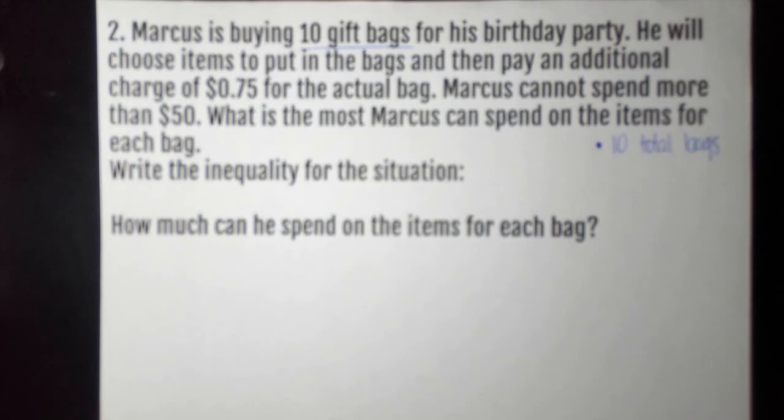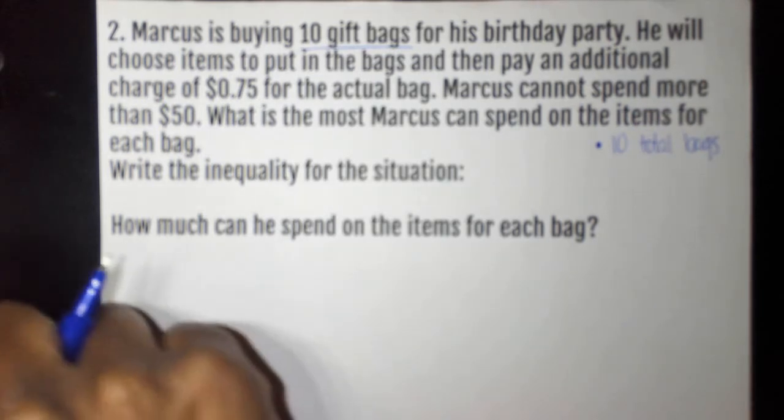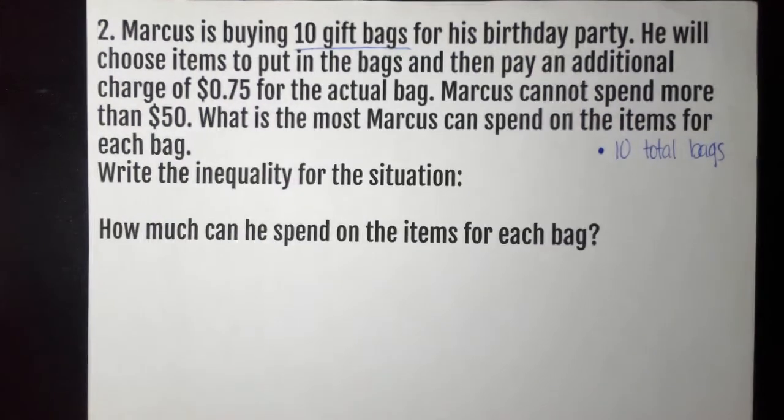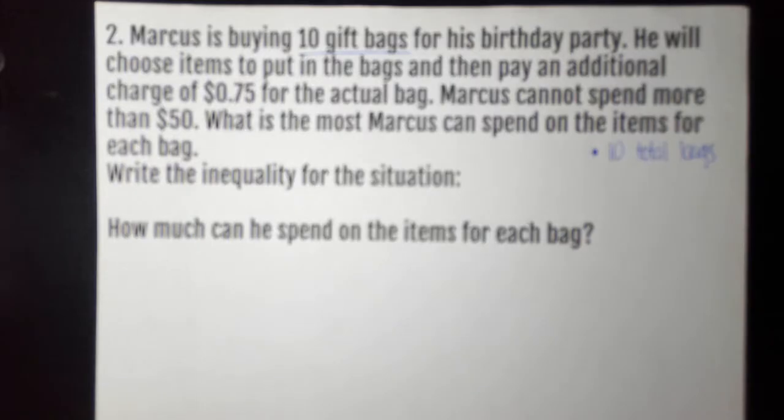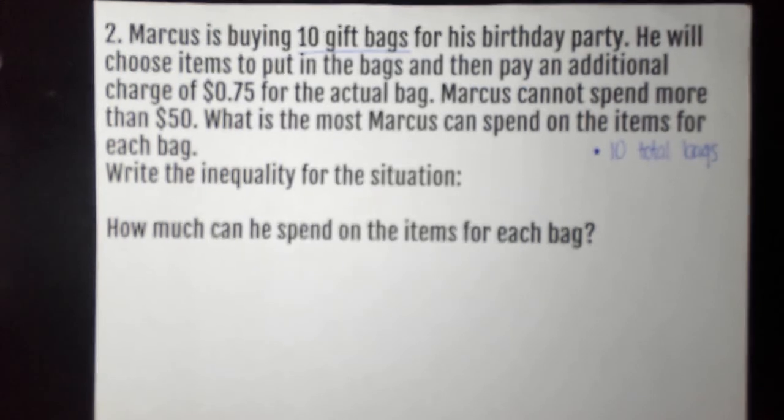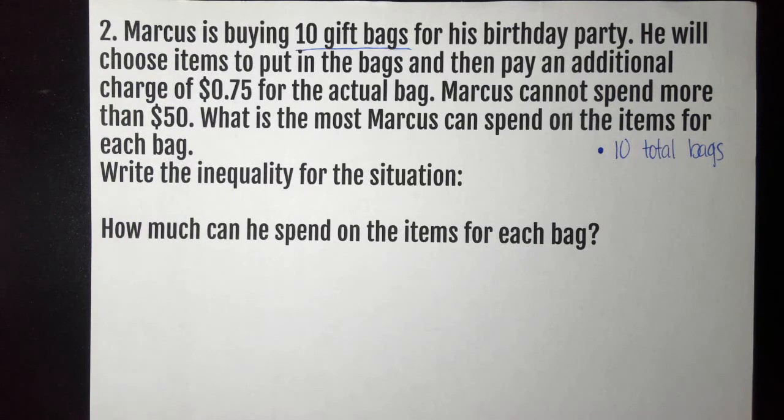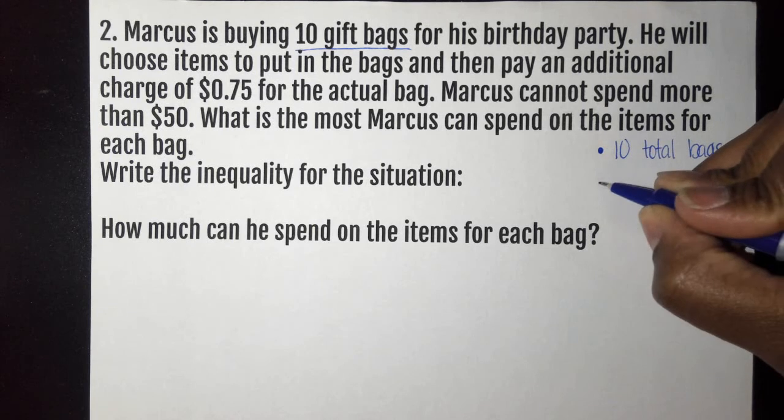We also know that each bag that he's buying, the bag itself is going to cost 75 cents.